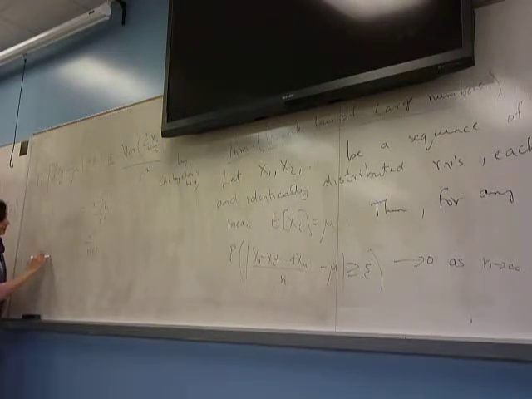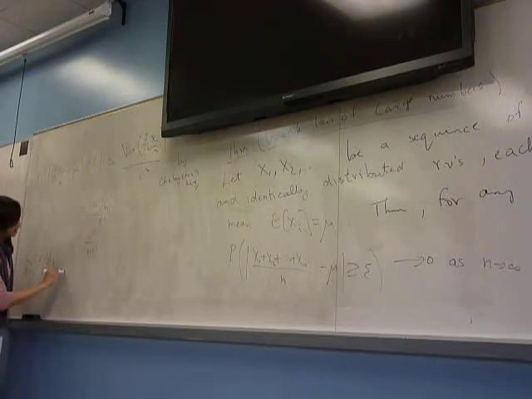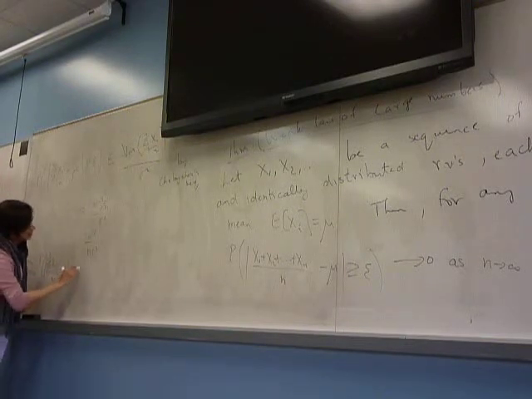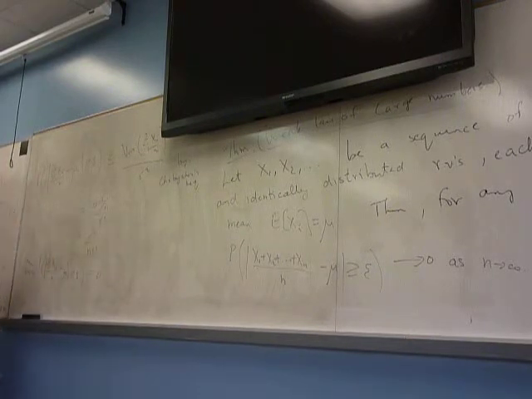So keeping epsilon fixed, if I send the limit as n goes to infinity, the probability is bounded above by this, and this goes to 0. So that's just a statement of your weak law of large numbers.